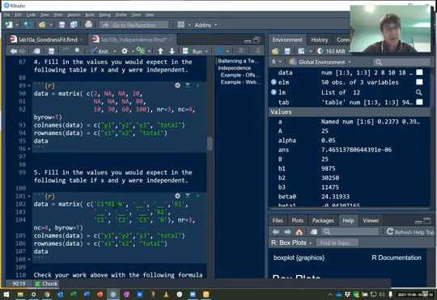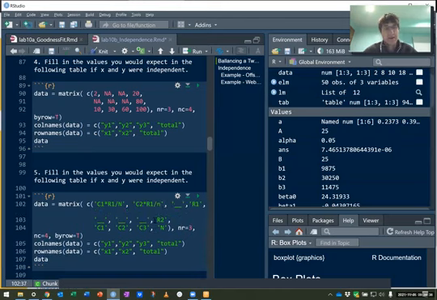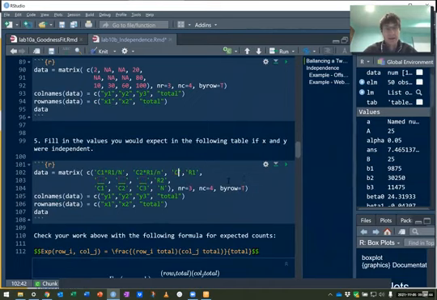And this one here will be C2 times R1 divided by N. We take the column total times the row total for that cell. C3 times R1 divided by N.